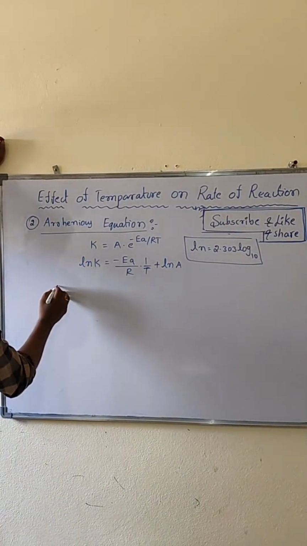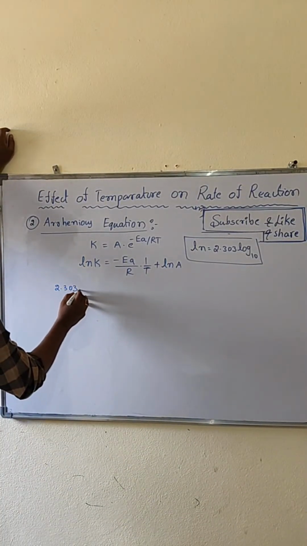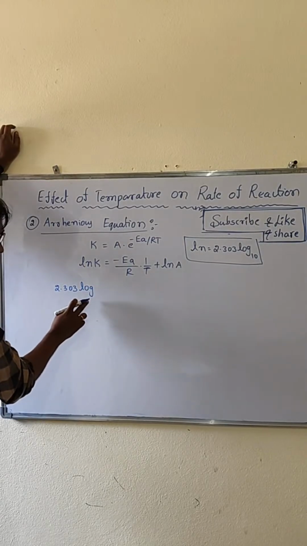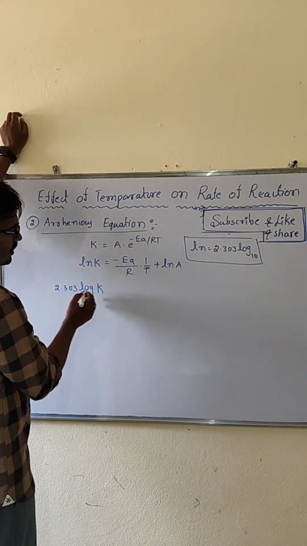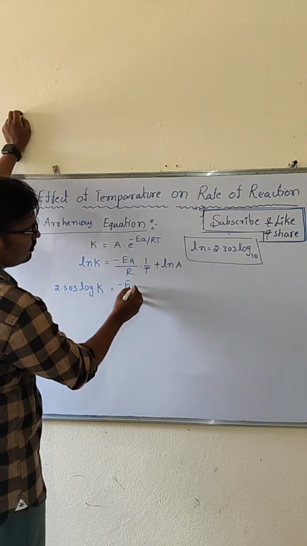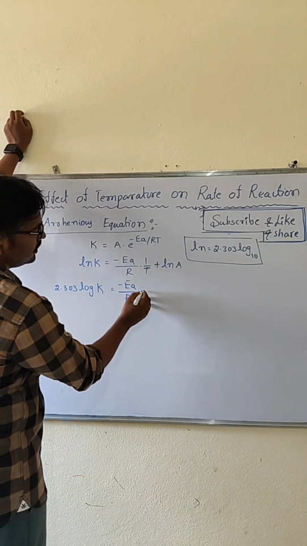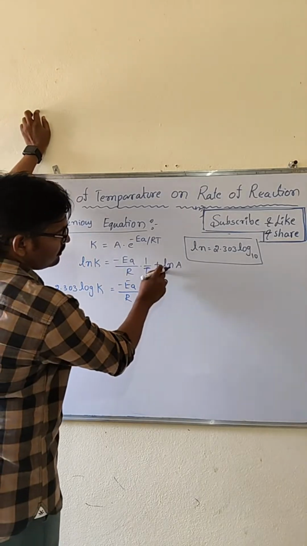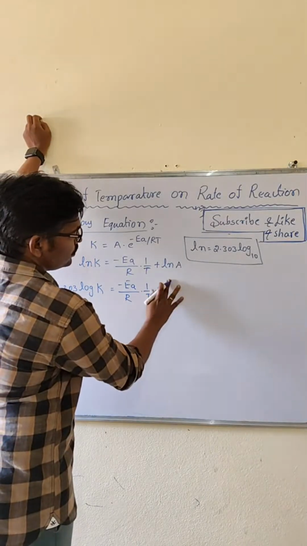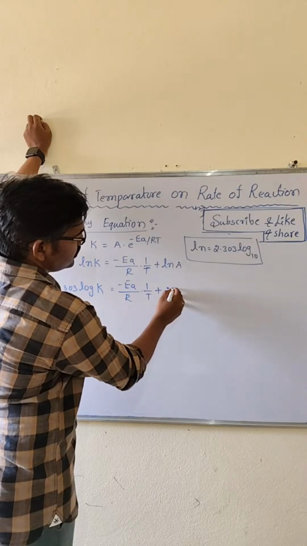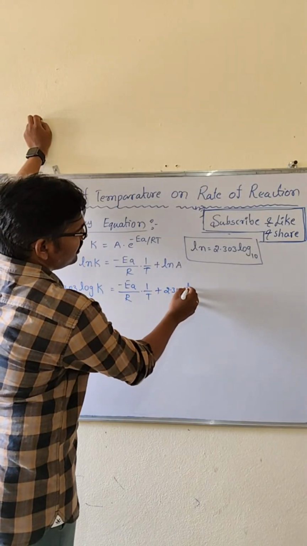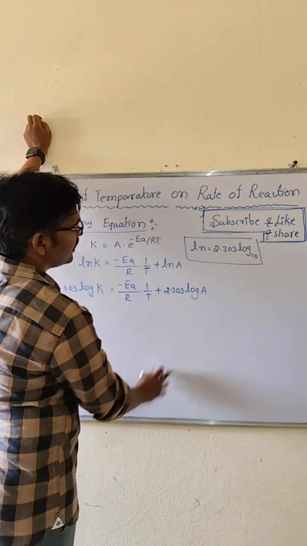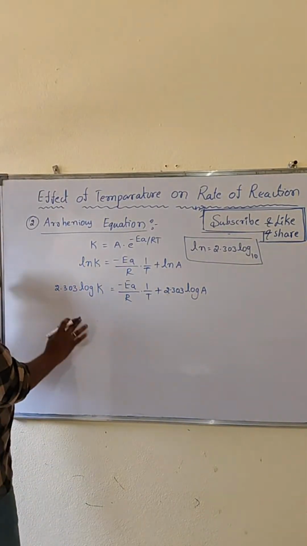So log k equals minus Ea divided by R into 1 by T, and wherever ln is there you substitute 2.303 log A. Clear?